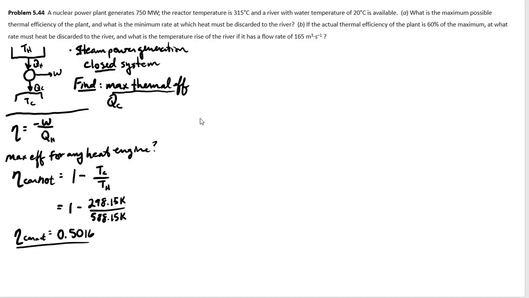Okay, so that's the first part of part A. The second part of part A says, what is the minimum rate at which heat must be discarded to the river? And so what are we asking for here? We're asking for QC. And we want the minimum amount.